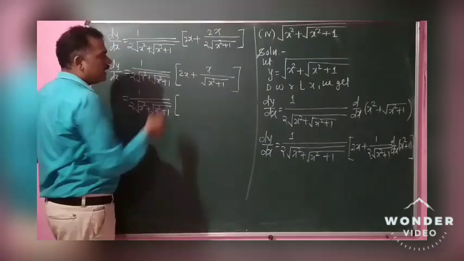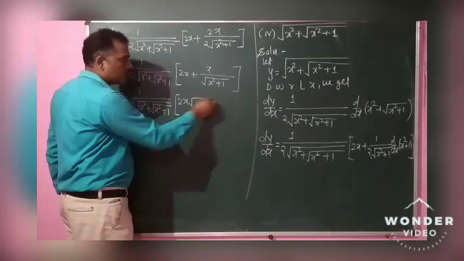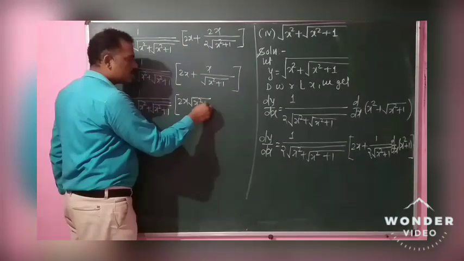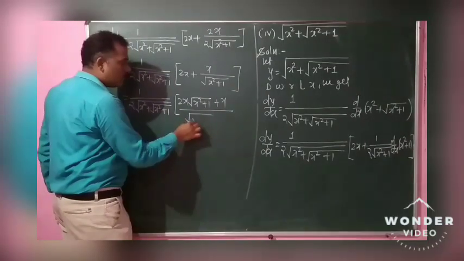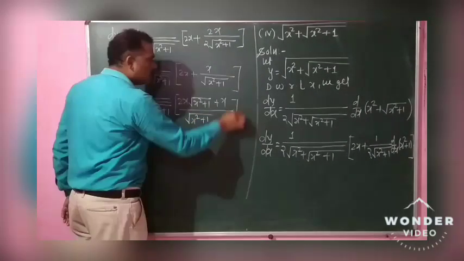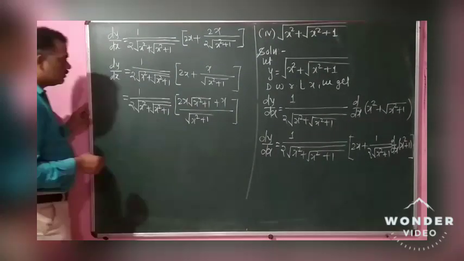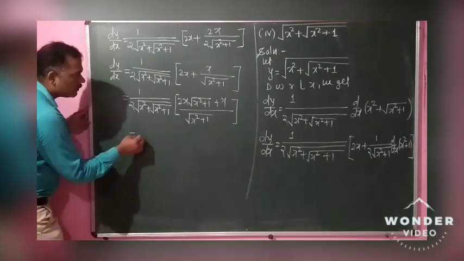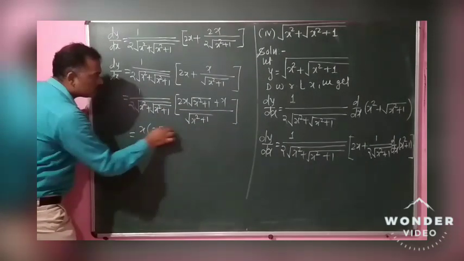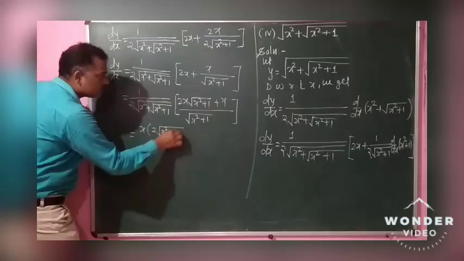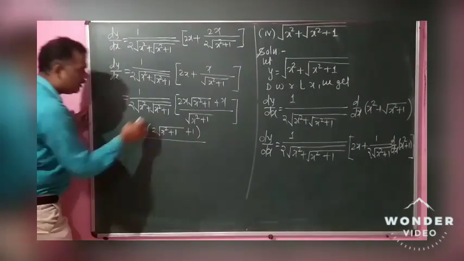into, by taking the cross multiplication we get 2x into the square root of x square plus 1 plus x divided by the square root of x square plus 1, okay. From this we have to take x common, so what we get is x into bracket, see here, 2 into the square root of x square plus 1 divided by this denominator as it is.